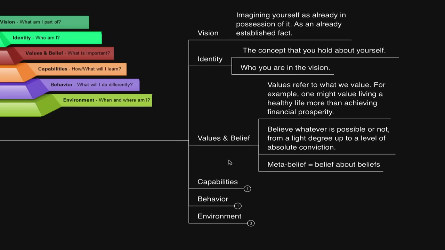Now, if they continue to believe that they can't achieve financial prosperity while living a healthy life, which is only a belief, the unseen power then takes that belief, and a belief is what one has accepted as true, or we could say deeply identified with, lightly or to a deep level of conviction.